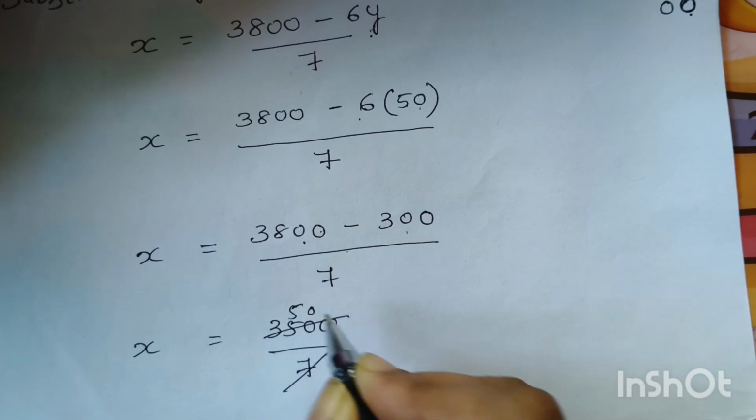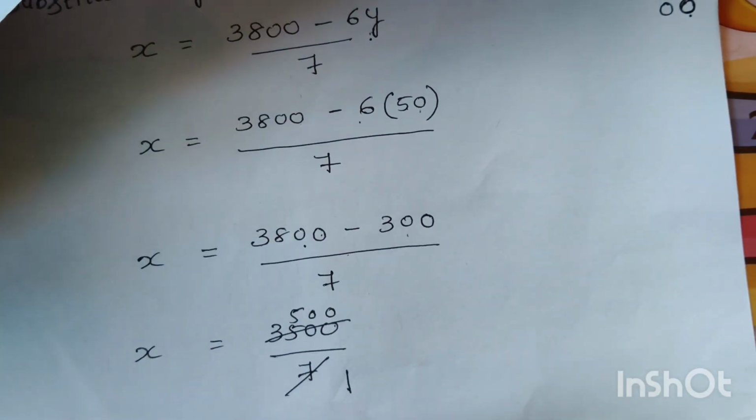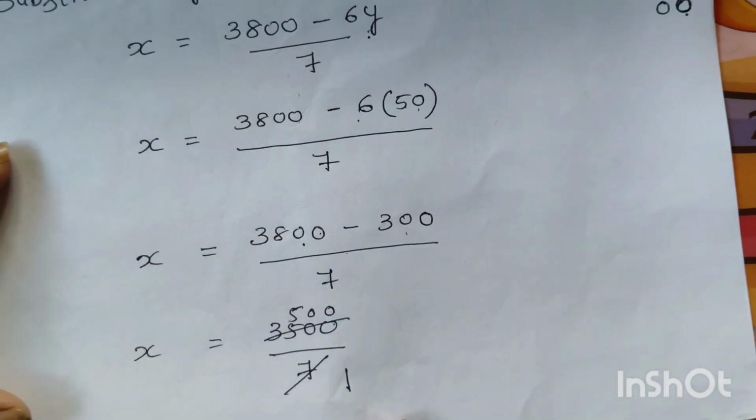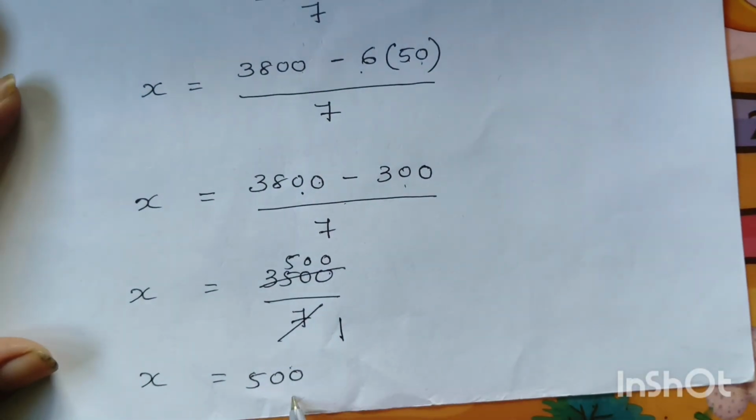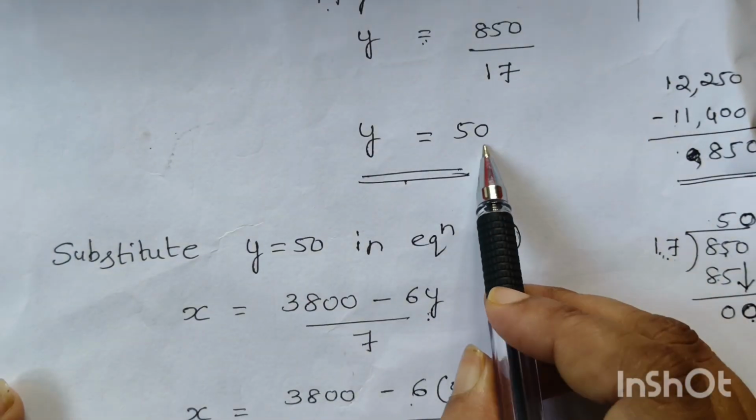For this 0 let us write 0, and for this 0 let us write 0. x is equal to 500. That is, the value of x is 500 and the value of y is 50.